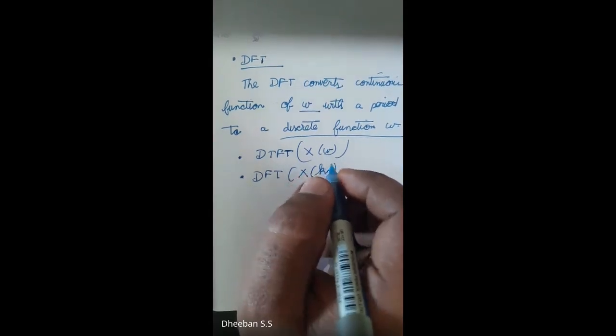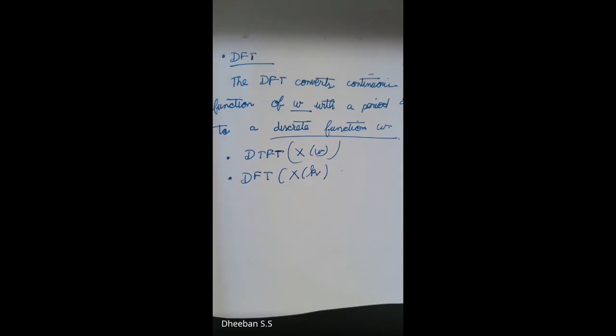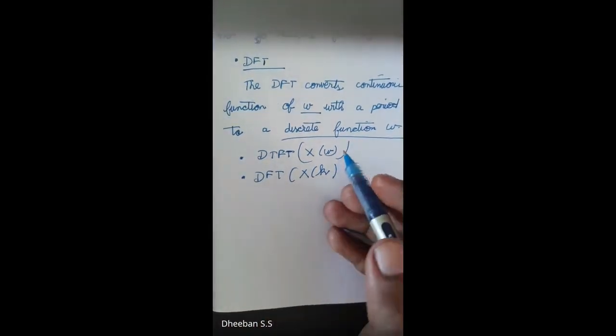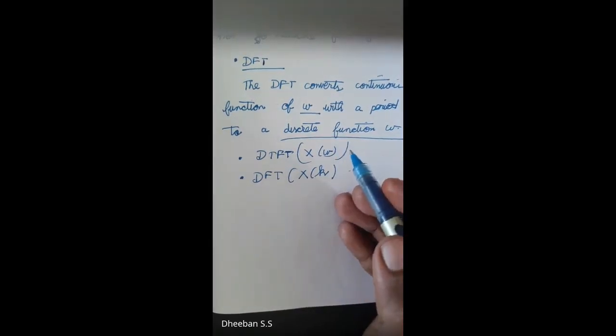Technically speaking, now we will be seeing how you convert a continuous function of omega to a discrete function of omega. This is the theory part. If you have some knowledge of this theory part, you can easily get into the problems.